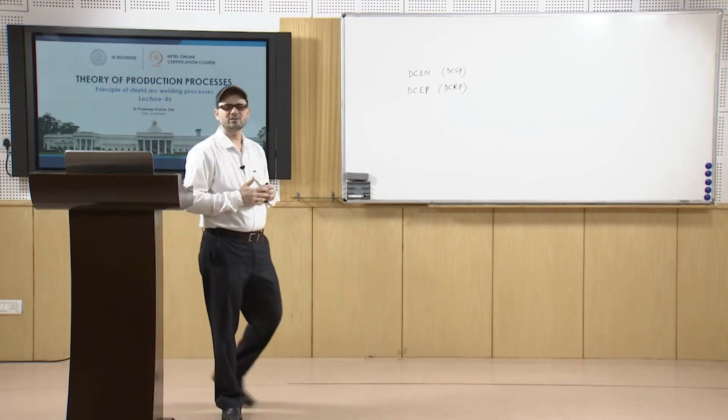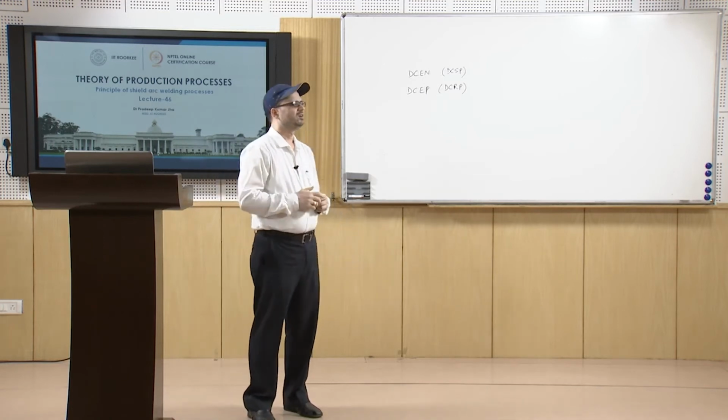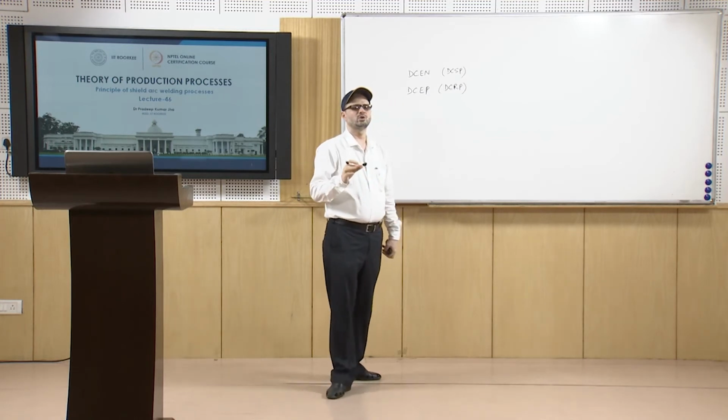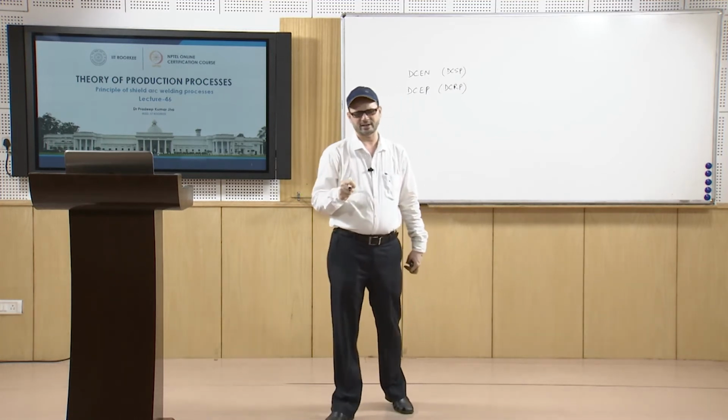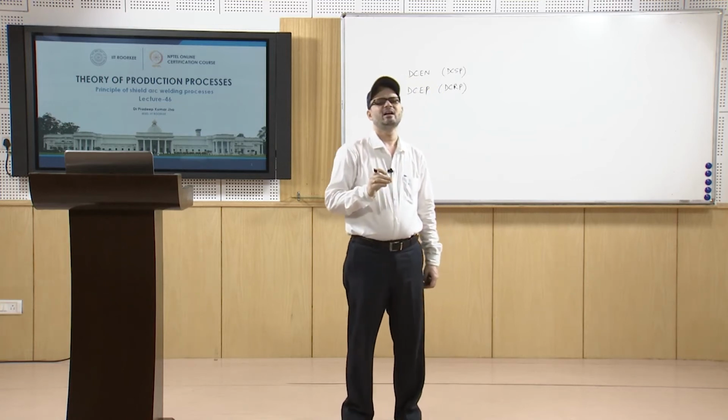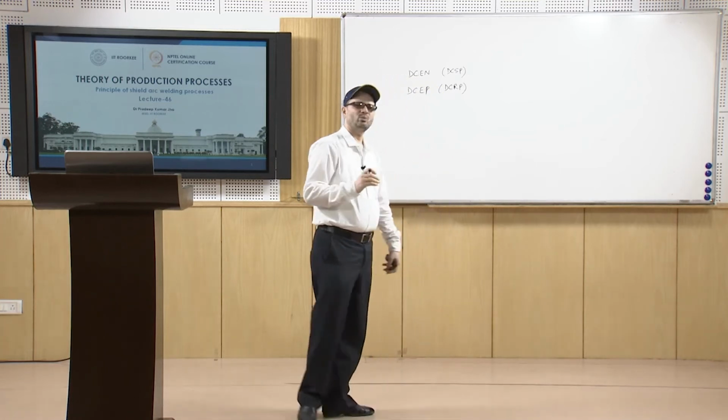If you talk about the electrodes which are used, normally these electrodes are known as stick electrodes. This is in the form of a stick, and they are basically covered with certain fluxes.